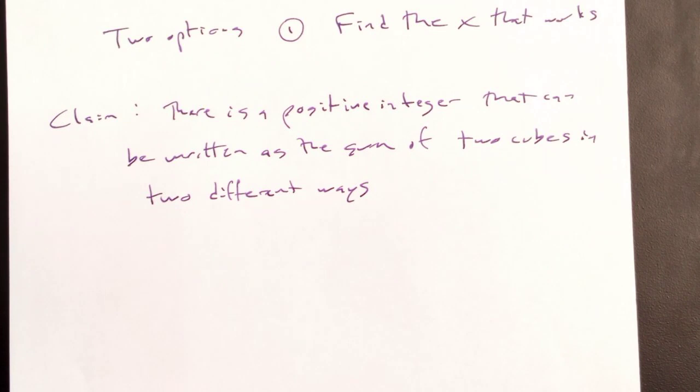There is some positive integer, a positive whole number, that you can write as the sum of two cubes, number to the third power plus number to the third power, in two different ways.